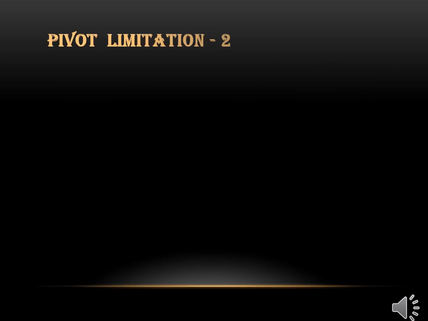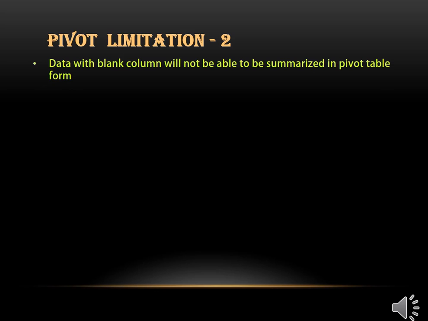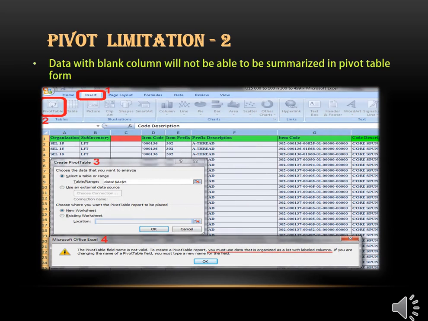Now, the second limitation of the pivot table is that if you have any blank column in the sheet in which you are applying the pivot table option, the pivot table will not apply and gives you an error saying you must use data that is organized as a list with labeled columns.